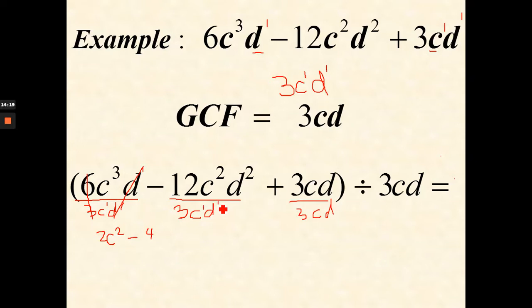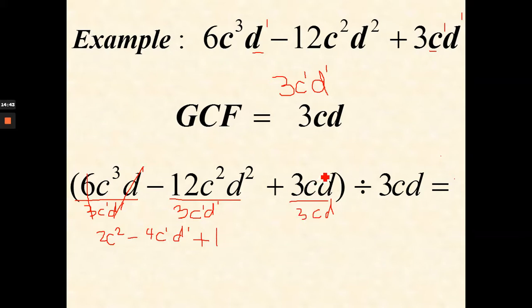The exponent of c here is 2, while here is 1. So just subtract: 2 minus 1, that is 1. For d, 2 minus 1, that is 1. Then positive divided by positive, that is positive. What is 3 divided by 3? That is 1.